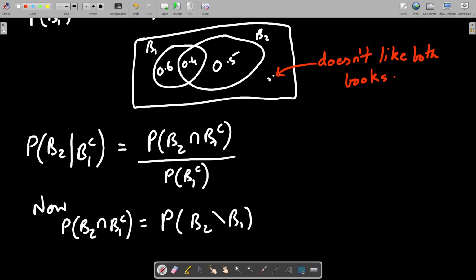So these are the elements which are in B2 but not in B1.